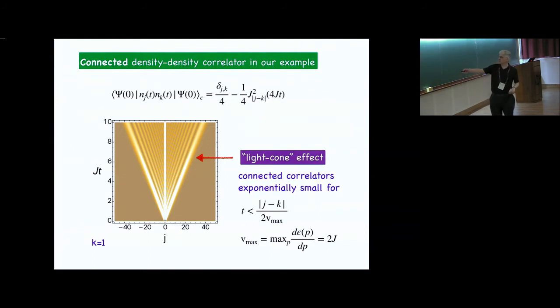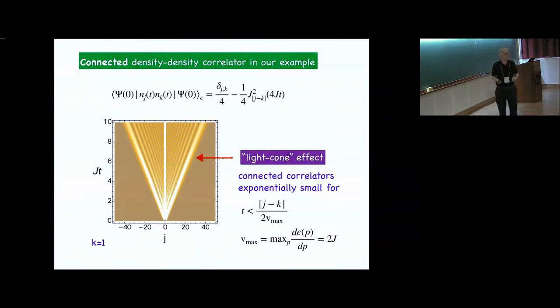And then the group velocity, of course, as usual, is just the derivative of the dispersion relation, which was just a cosine with respect to momentum. The maximum group velocity, you just take the maximum over all these velocities. It's 2J, and you can really check that it reproduces the location of this light cone.